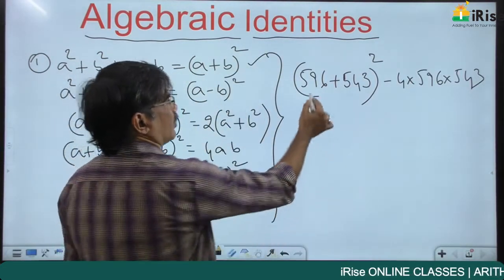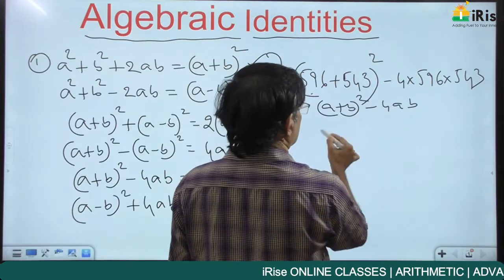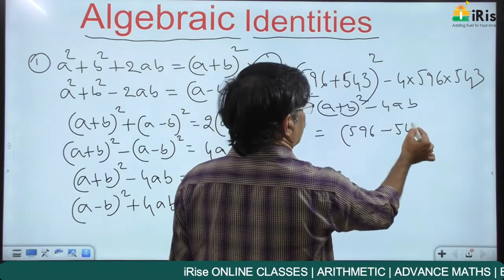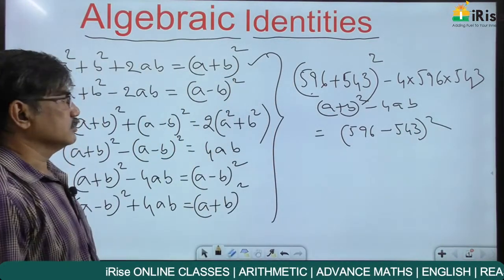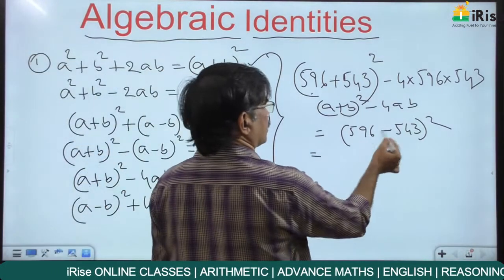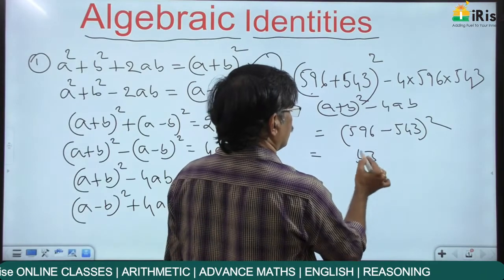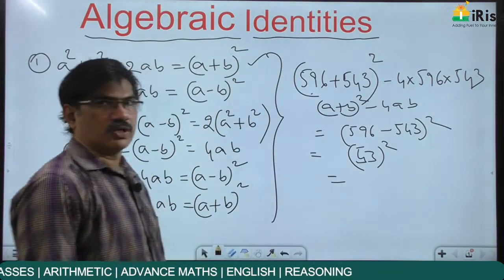This is in the form of (a plus b) whole square minus 4ab, which is equal to (a minus b) whole square, (596 minus 543) whole square. This is nothing but 6 minus 3 is 3, 9 minus 4 is 5, so it is nothing but 53 whole square.